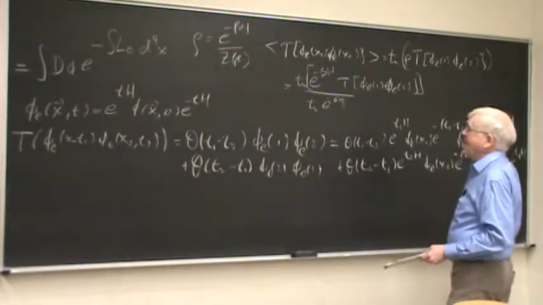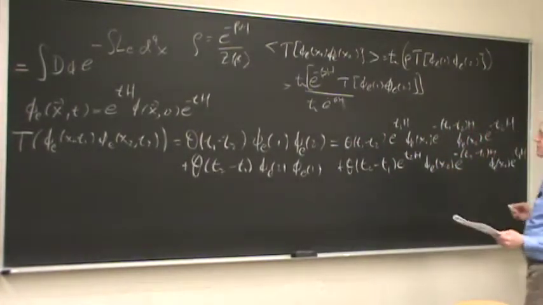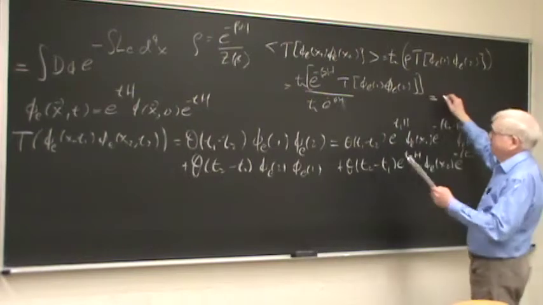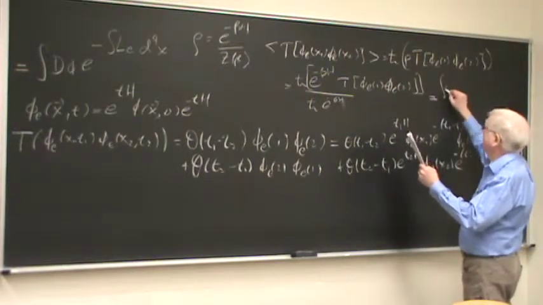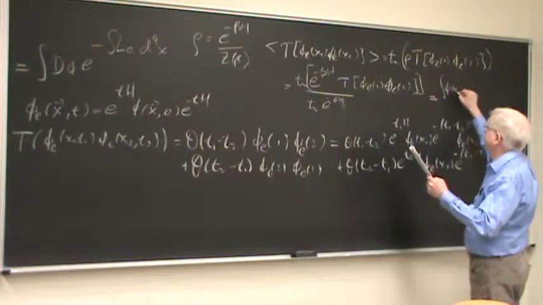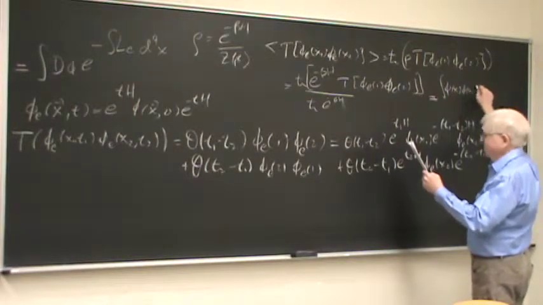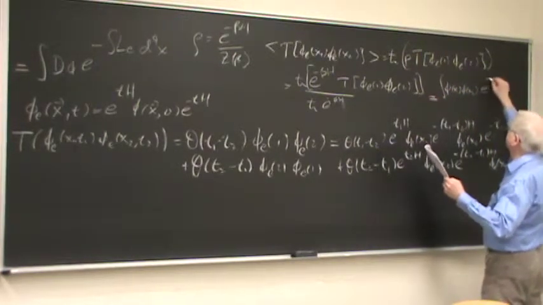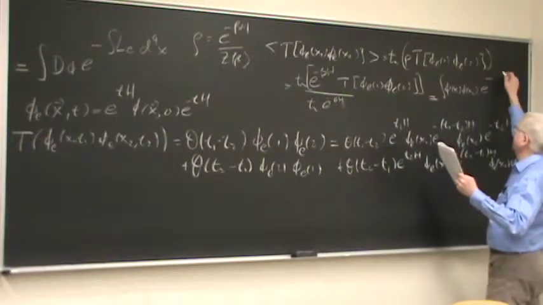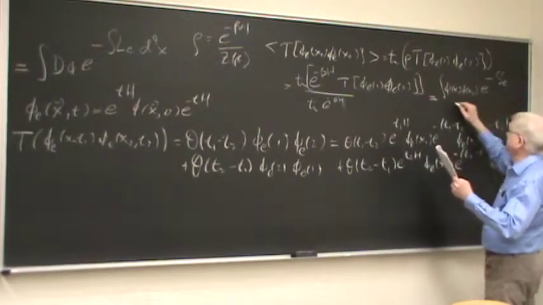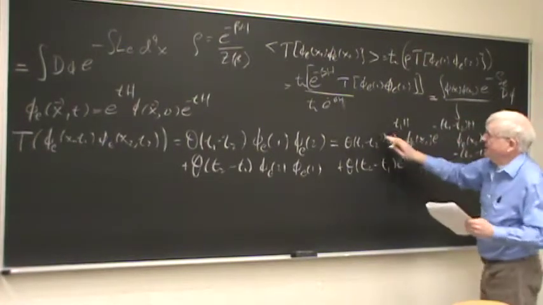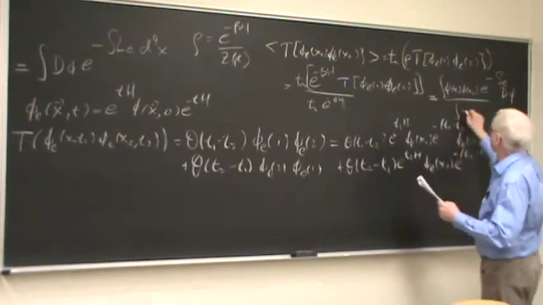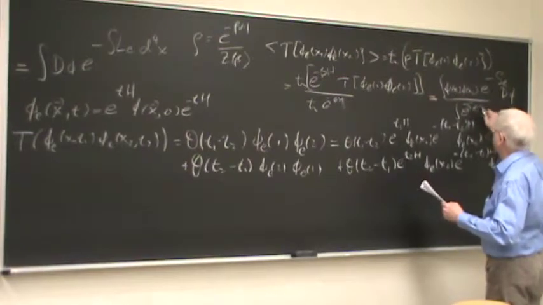And now if we express everything in terms of path integrals, what we have in the numerator is an integral of phi of x1, phi of x2, e to the minus Euclidean action d phi, and then in the denominator, this thing gives us e to the minus Euclidean action d phi.